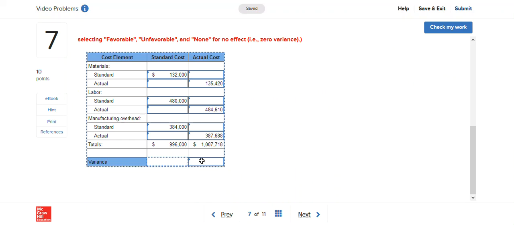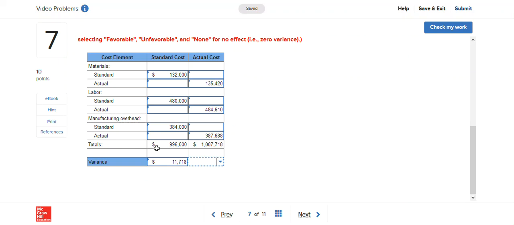All right, so our variance is just the difference between these two. And if we take the difference, it's $11,718. And then we have to decide whether it's favorable or unfavorable, or if it was zero, it'd be neither.